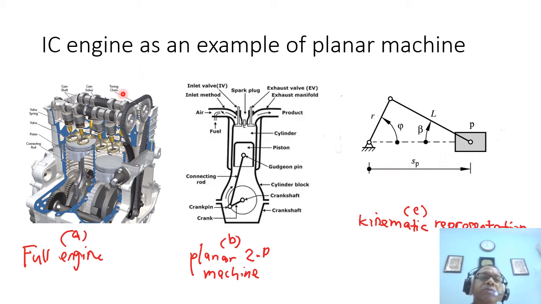So what we want to do in an absolute motion analysis is to find the relationship, if there is any, between the piston and the angle of the connecting rod. Here the angle of the connecting rod is defined by phi, and the displacement of the piston is defined as SP.